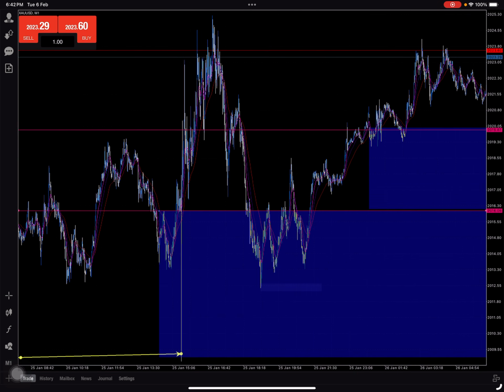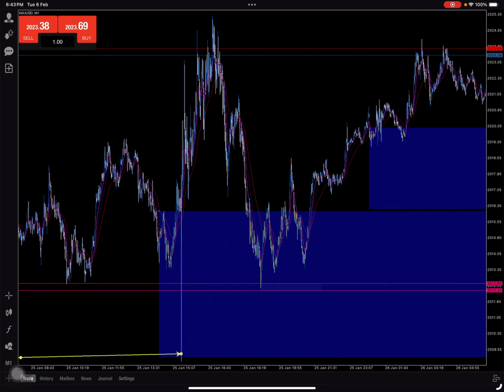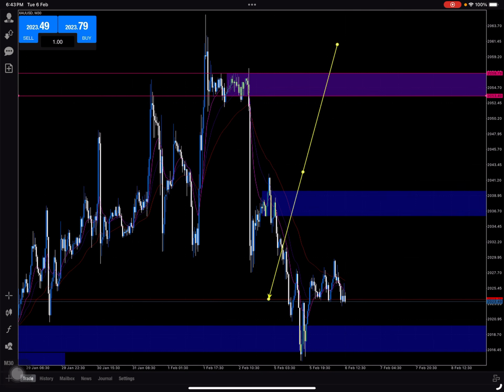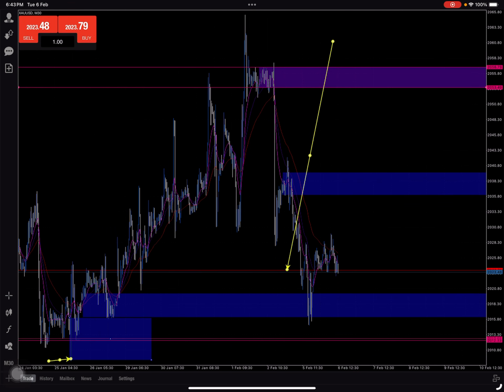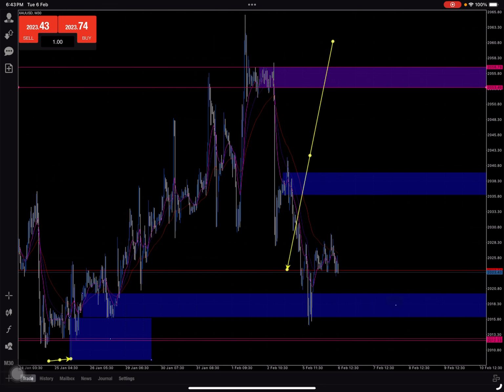So for today, we are going to be focusing on a few critical levels. One being a buy at 2012.33 to 2012.56. Secondly, a sell around 2038. Let me delete this first.